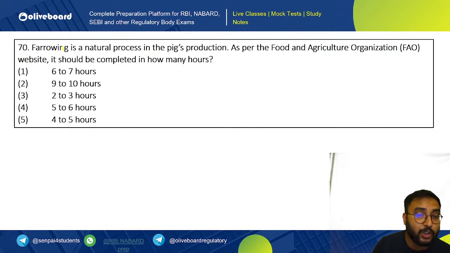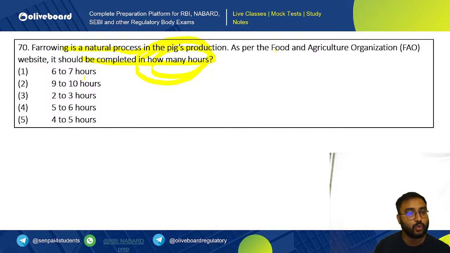Farrowing, which is parturition in pig. As per the Food and Agriculture Organization, this parturition is completed in how many hours? 6 to 7 hours, 9 to 10 hours, 2 to 3 hours, 5 to 6 hours, and 4 to 5 hours.